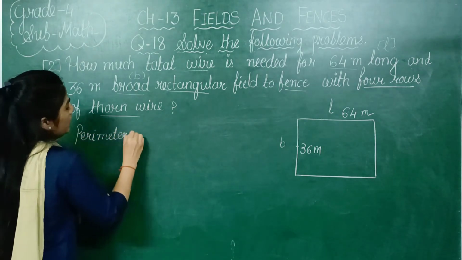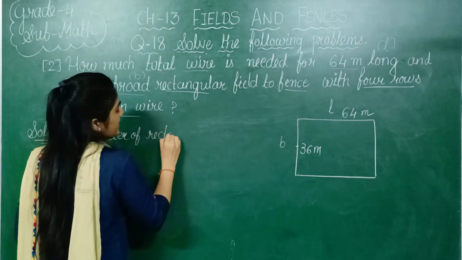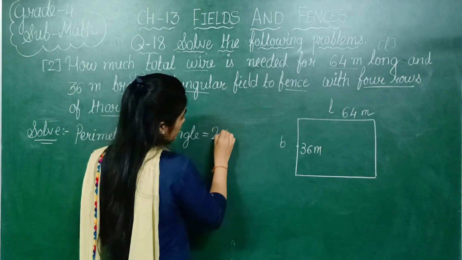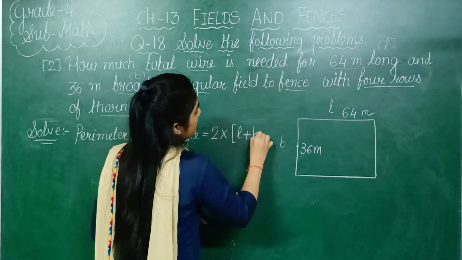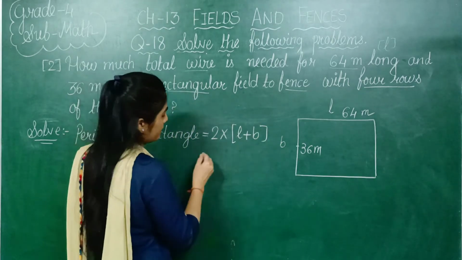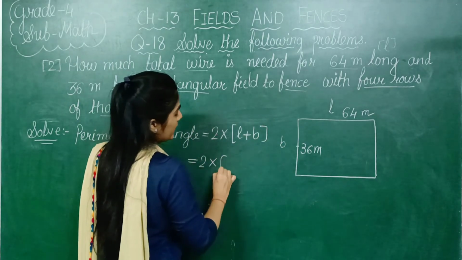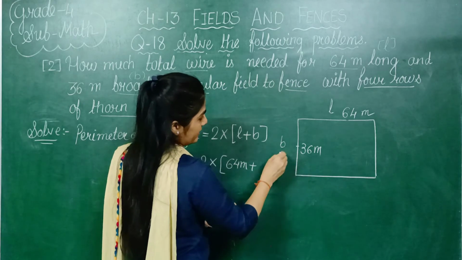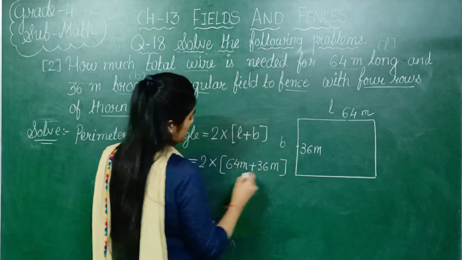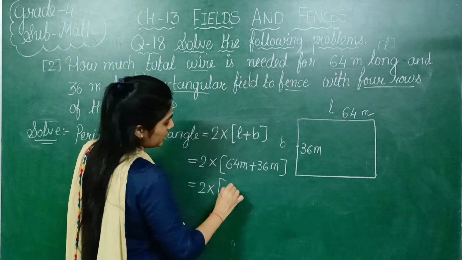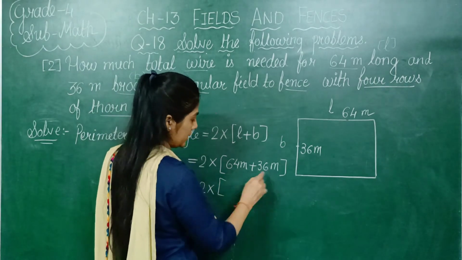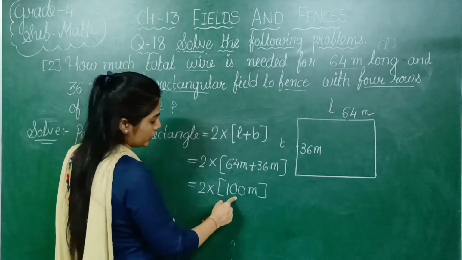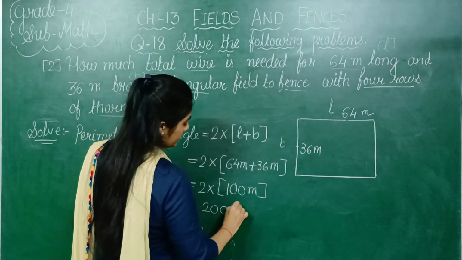Perimeter of rectangle, we write here rectangle only, meaning this field, and the formula we know is 2 multiply L plus B, meaning 2 multiply length plus breadth. 2 multiply length 64 meter plus breadth 36 meter. 2 as it is, we write 64 plus 36 meter, 100 meter we will get as the answer, and 100 twos are 200 meter.